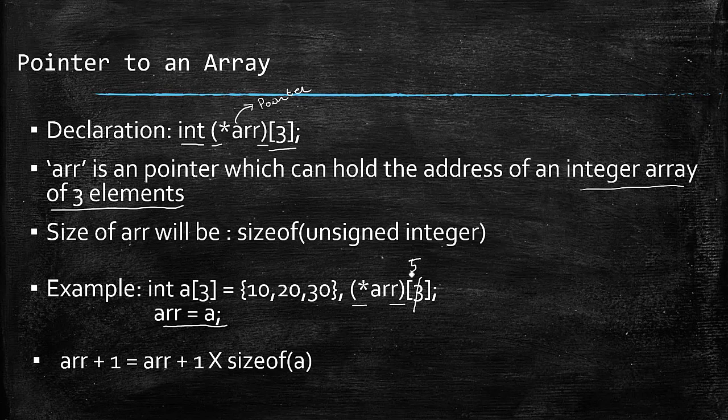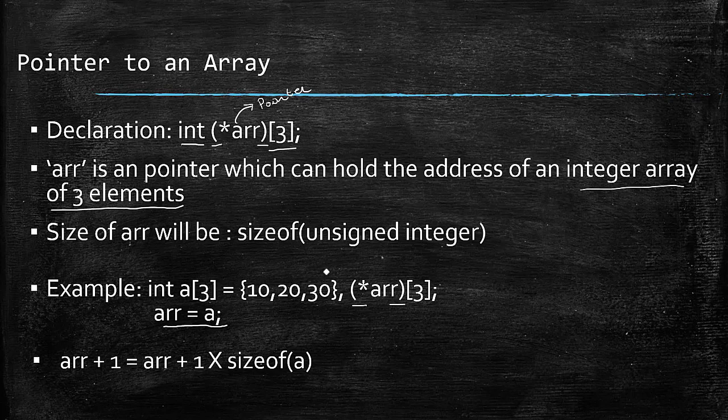In that case, this is not a valid assignment because their data type is not matching, right? Similarly, if the size of A is 5 or any value other than 3, then also the assignment will not be possible. It will throw a compilation error because their data type is not matching.